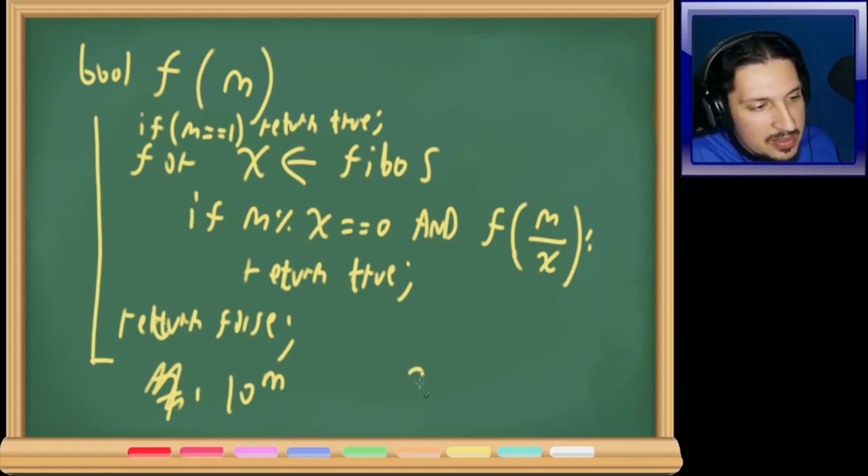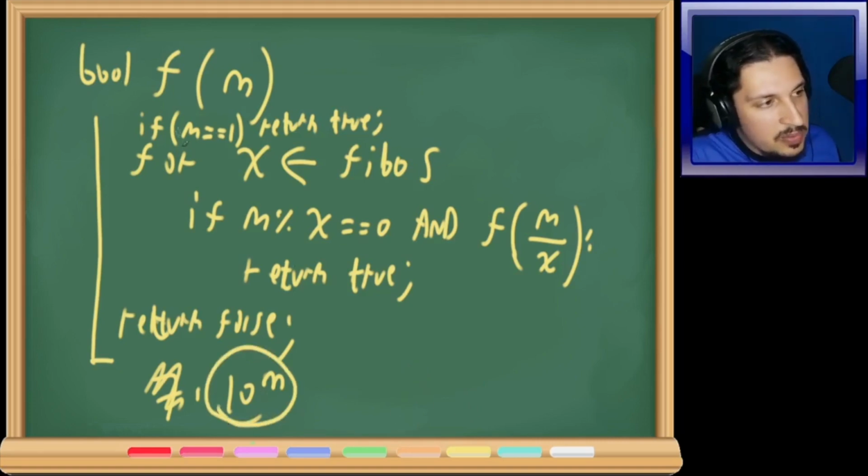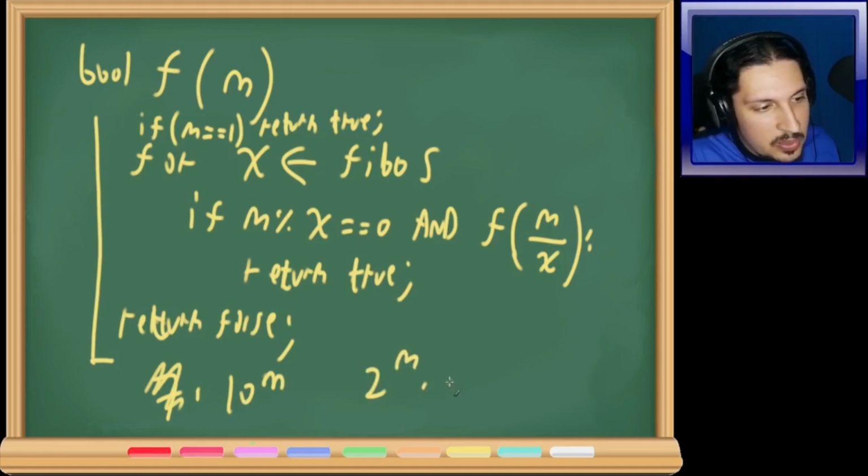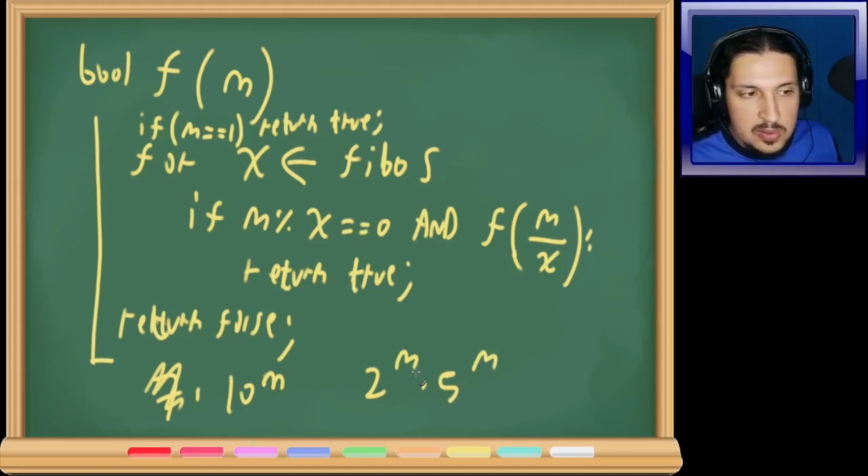And since 2 and 5 are both Fibonacci numbers, there are lots of ways to divide this 10 to the n number, which is essentially 2 to the n times 5 to the n. There are a lot of ways to divide by 2 and 5 in many different orders to get to the same numbers to check.